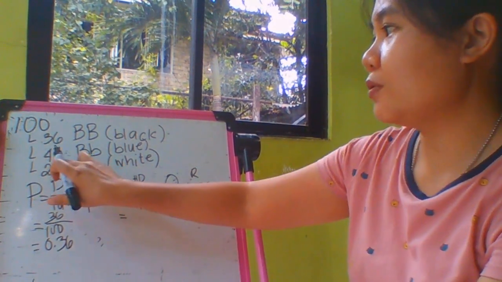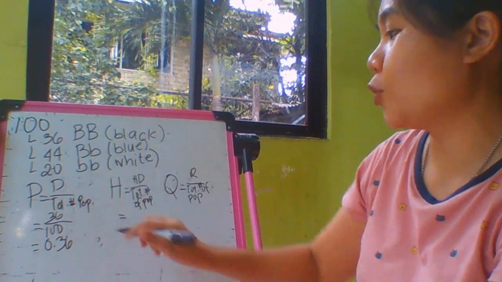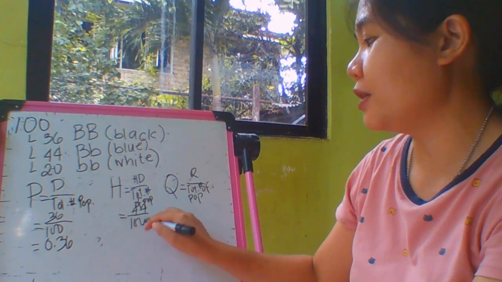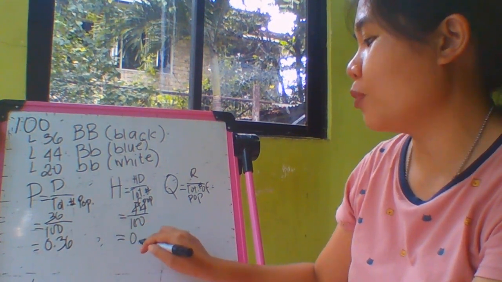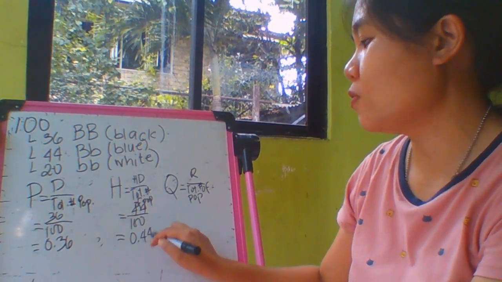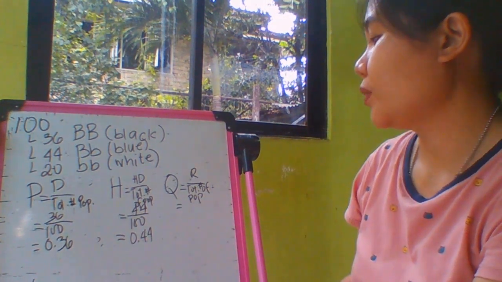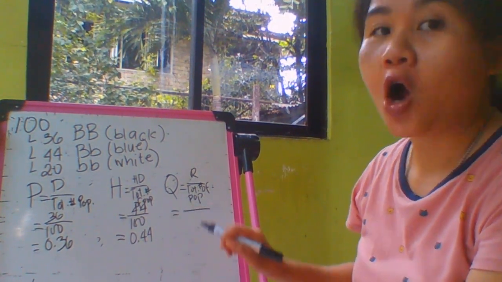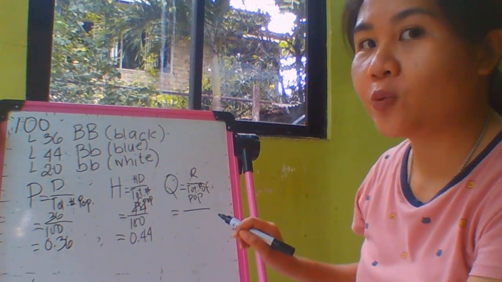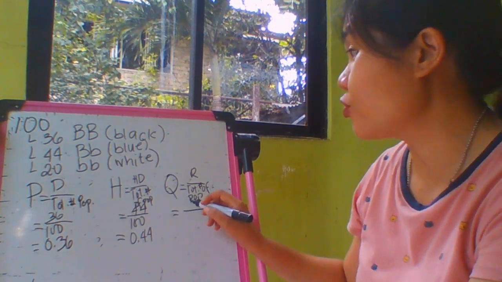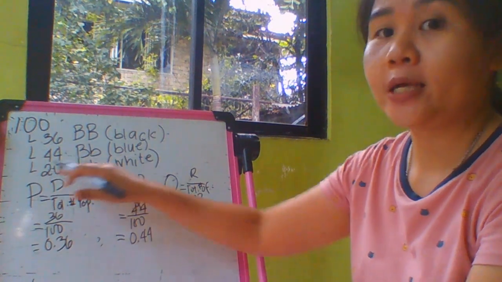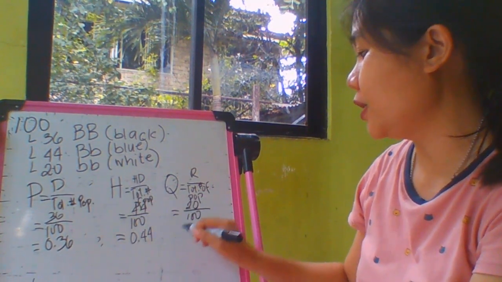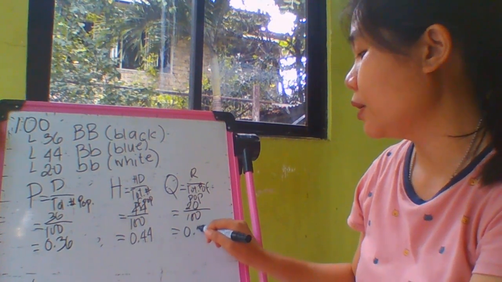The heterozygote individuals, we have 44 out of the 100. So we have 0.44. How about the recessive? There are around 20 individuals who happen to have the recessive trait, white. So we have 20 out of 100. So that's 0.20.